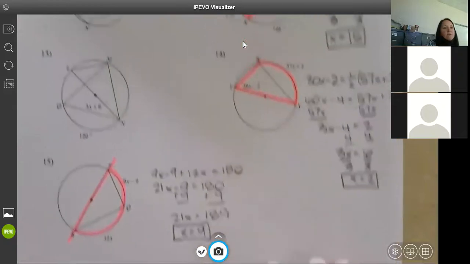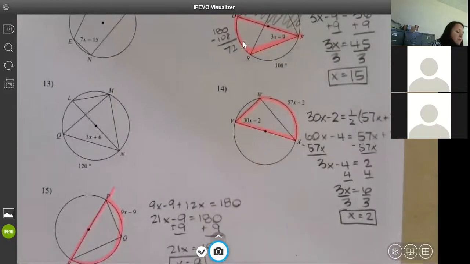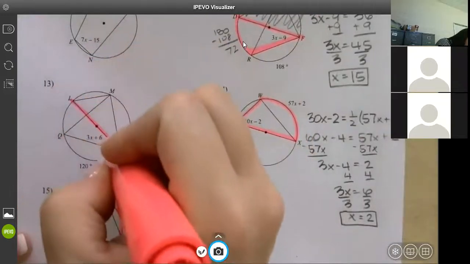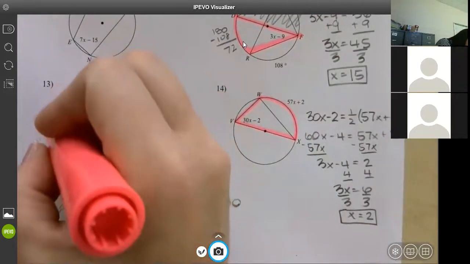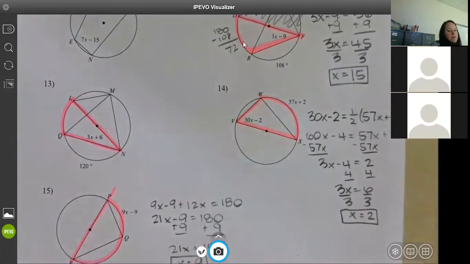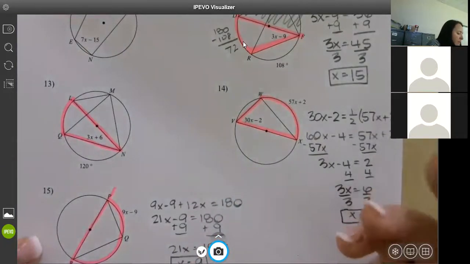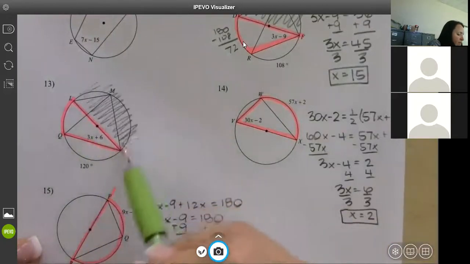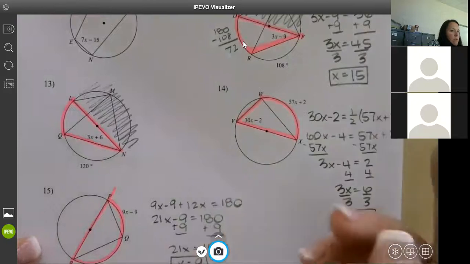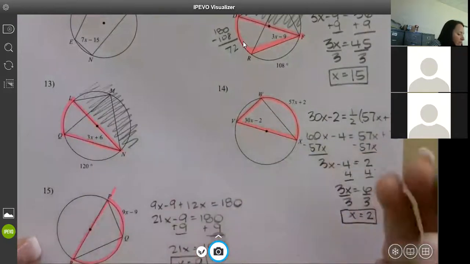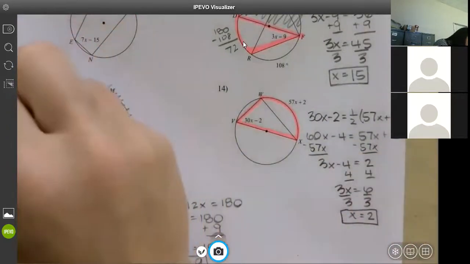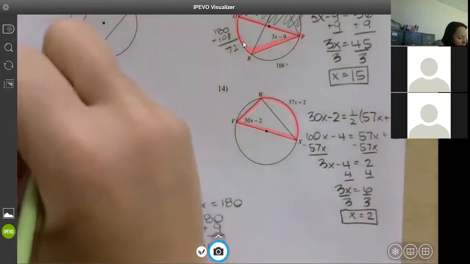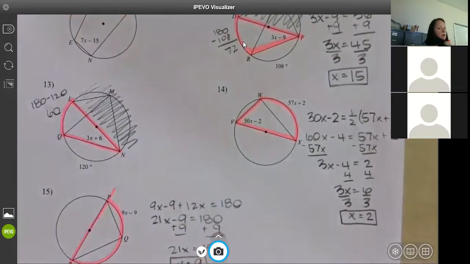Look at your next one. 13 is exactly like number 12. I have this angle, but I would need that arc. What do you notice? We don't need this half. What is the measure of LQ? How'd you get 60? 180 minus 120 because we have half the circle.